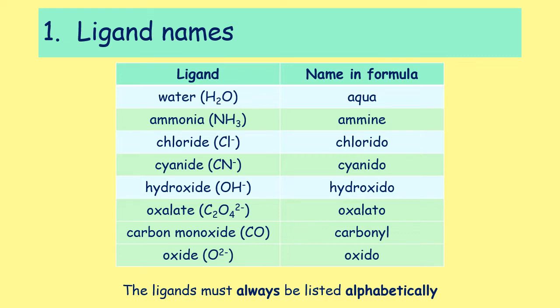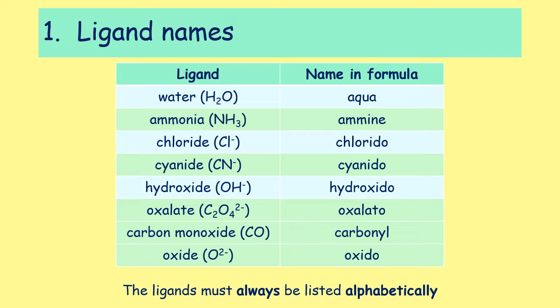For the other ones, chloride, cyanide, hydroxide, oxalate and oxide, ones that are negatively charged, the only thing you need to remember with those is you change the last letter from an E to an O. So chloride becomes chlorido, cyanide, cyanido, hydroxide, hydroxido, oxalate, oxalato, and oxide to oxido.